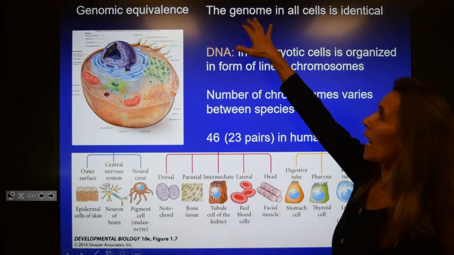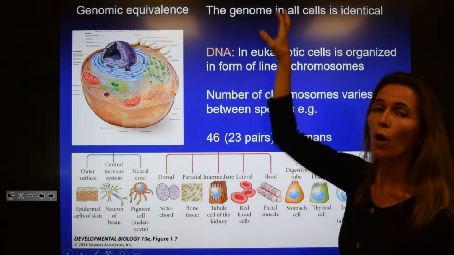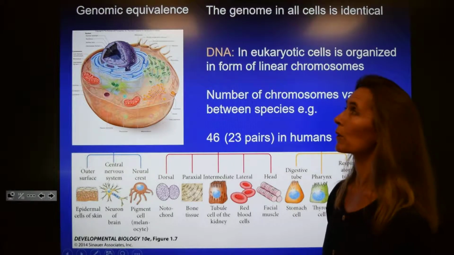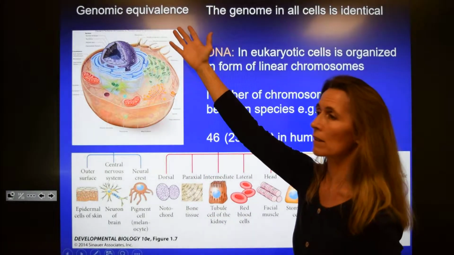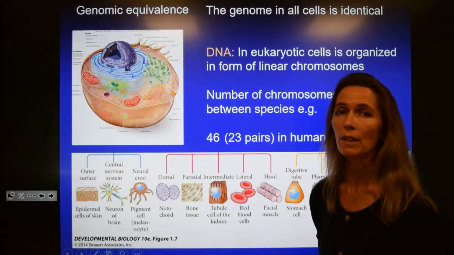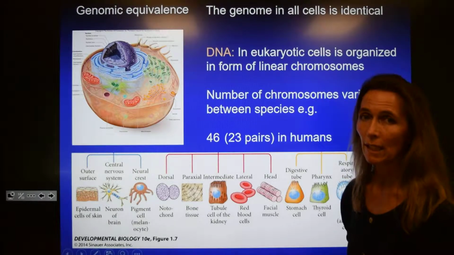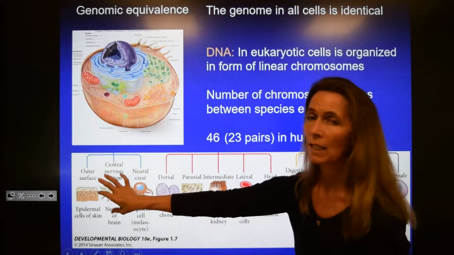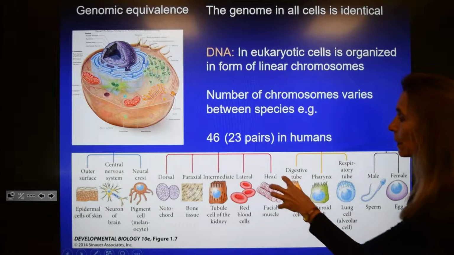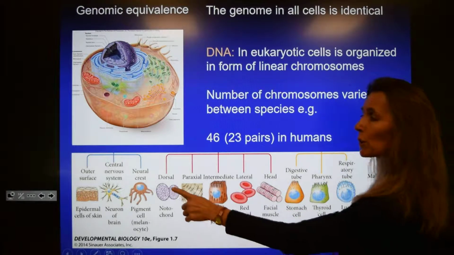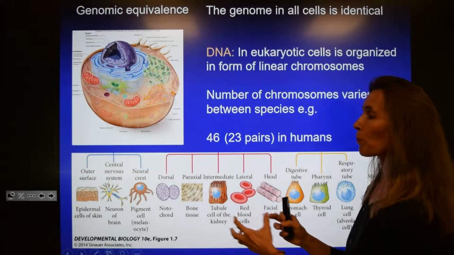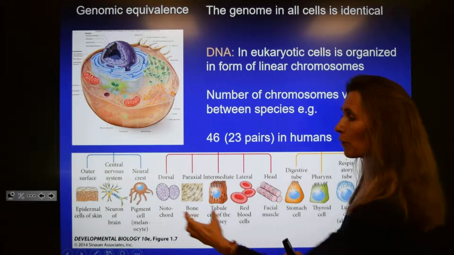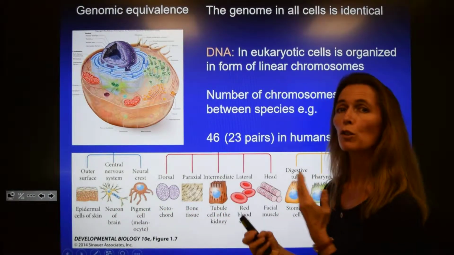However, they all have the same genome, the same genetic material within them, and this is known as genomic equivalence. So theoretically, a neuron can express all of the proteins that a muscle cell can express, and vice versa. However, it would probably not be the best thing if your motor neurons themselves were contractile.